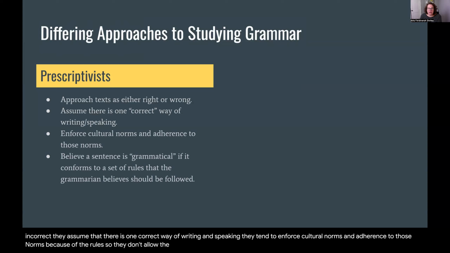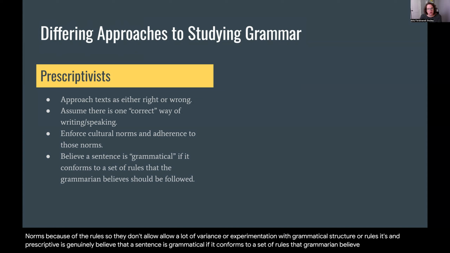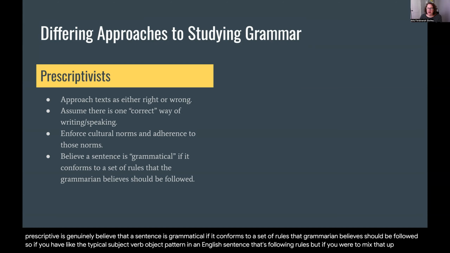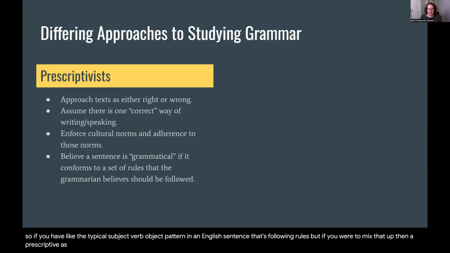So they don't allow a lot of variance or experimentation with grammatical structure or rules. And prescriptivists genuinely believe that a sentence is grammatical if it conforms to a set of rules that grammarians believe should be followed. So if you have the typical subject, verb, object pattern in an English sentence, that's following rules. But if you were to mix that up, then a prescriptivist would say that that's not grammatical and that it's not correct.